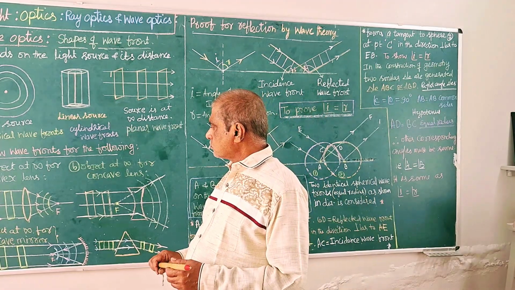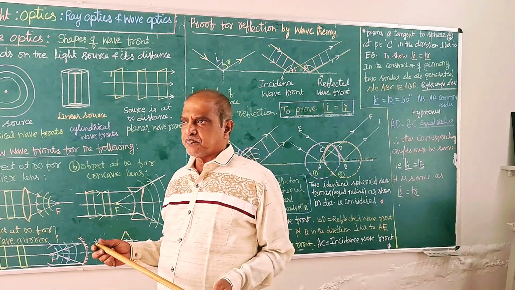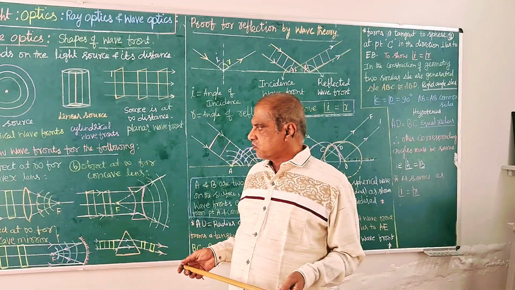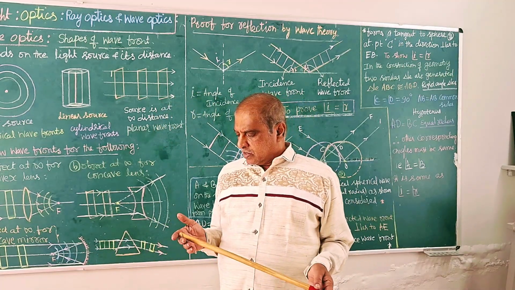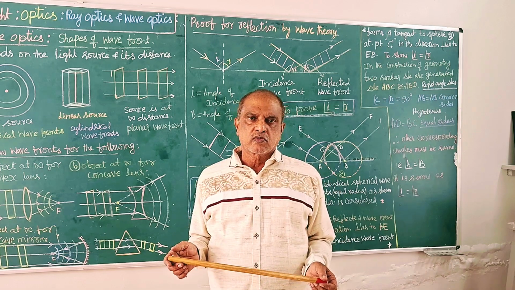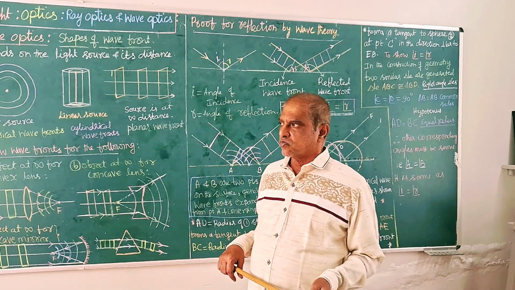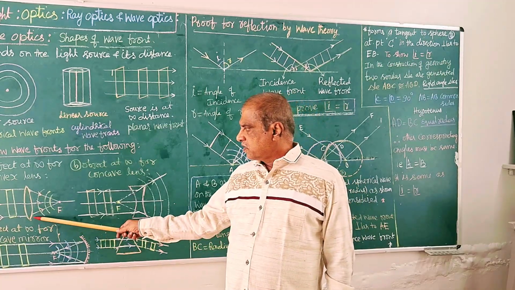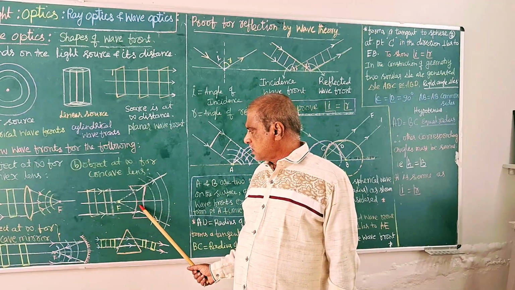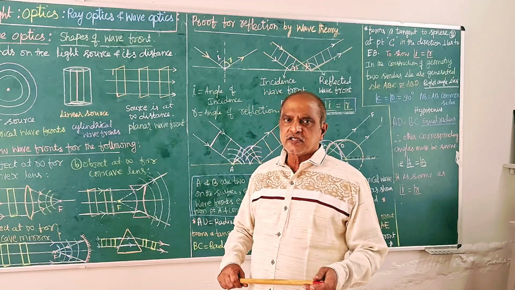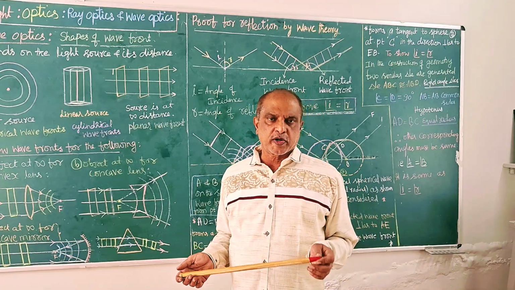And one more concept is important from the point of view of examination. When light passes through optical instruments like a convex lens, concave lens, mirrors or prism, is there any change in the shape of the wavefront?